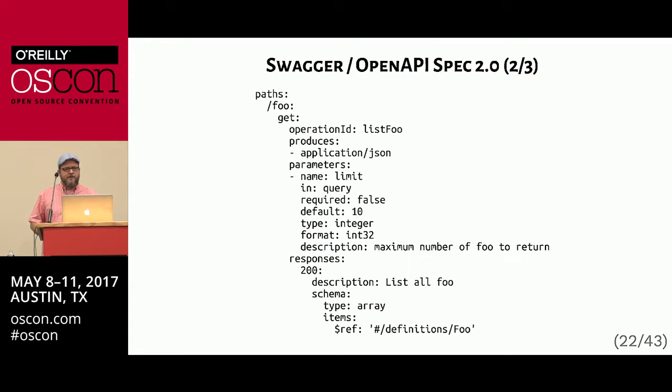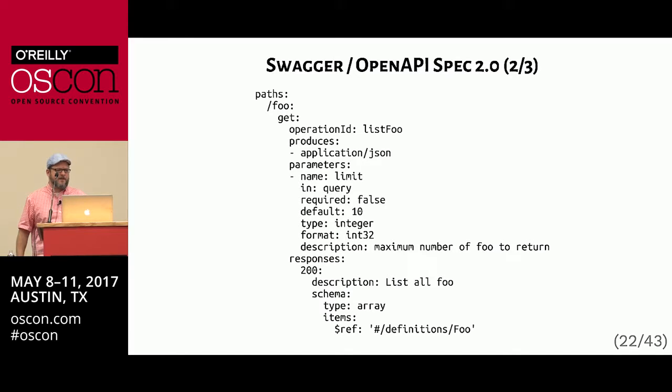And then if you continue down in a spec, the paths are defined. For each one of these URL routes, you specify the methods that it accepts, and then any parameters that are required or that can be accepted, and then all of the available responses. If you look at the bottom line there, you see that there's a reference to a definition.